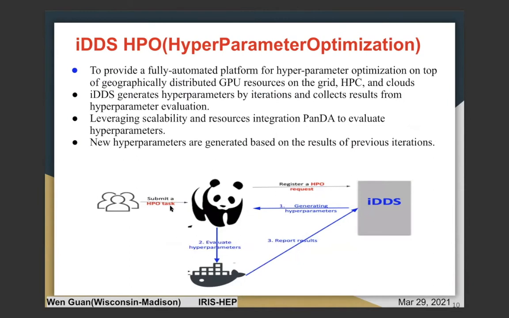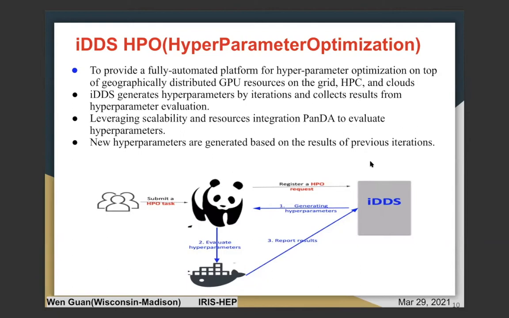When one HPO task is submitted to iDDS, at first iDDS generates hyperparameters by iteration, and the hyperparameters will be sent to Panda and evaluated on distributed resources. The results of hyperparameter evaluation will be reported back to iDDS. Based on the previous results, every iteration, new hyperparameters are generated.